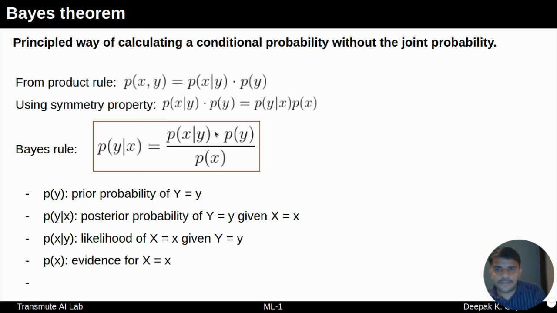Now here what happens is, let's say x is the set of parameters that characterizes the distribution of y, and we have an observation y for the random variable y.